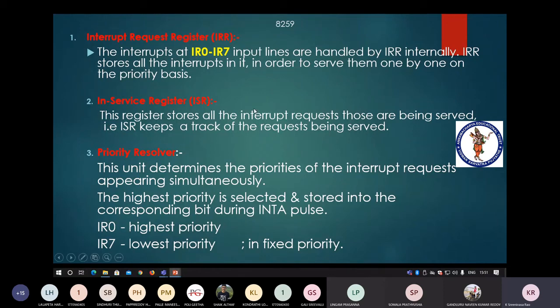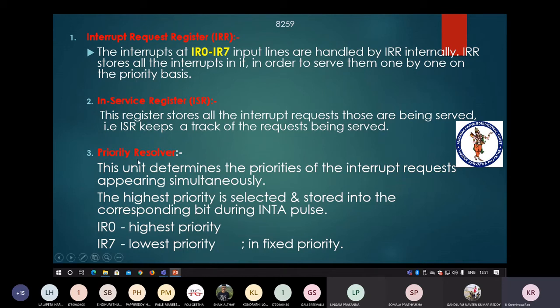But here, at a time, only one interrupt request is in service, so only one bit is in the high state in the in-service register. The remaining 7 bits are always kept at 0. At a time, only one.